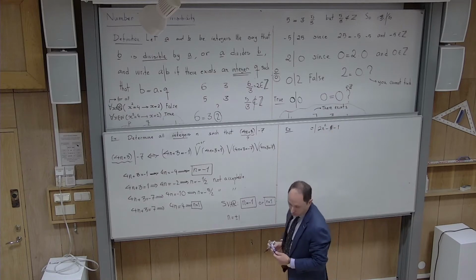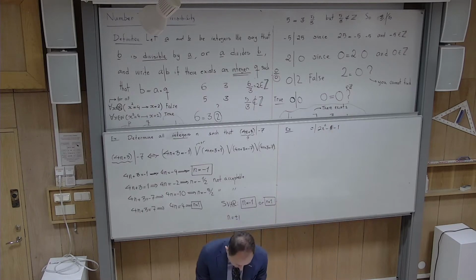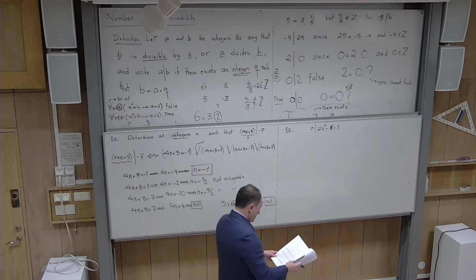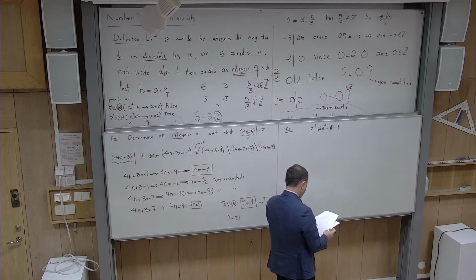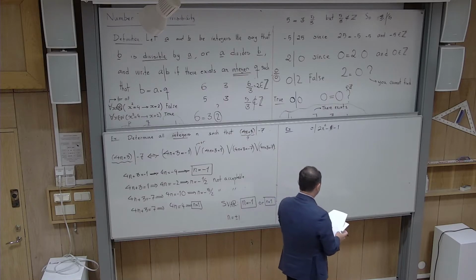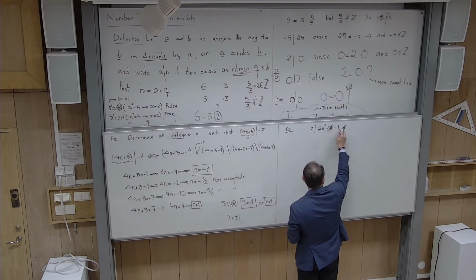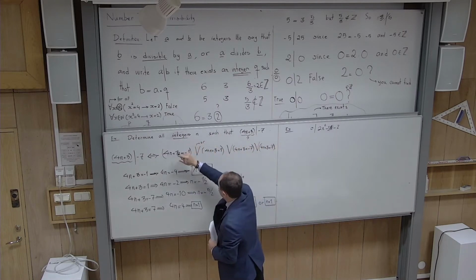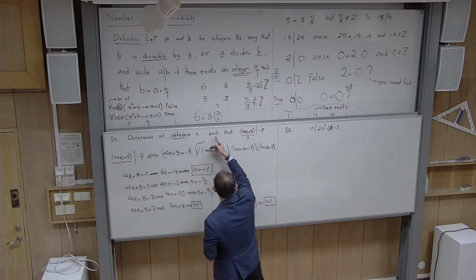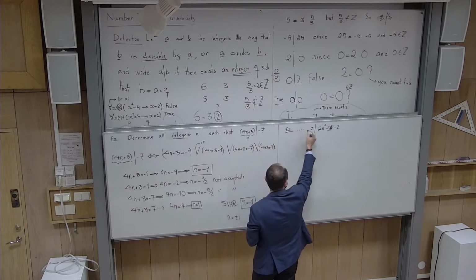So let me try to write it more properly, because it might happen that you don't have good answers. So let me write it like this. The first part I ignored. Determine all integers n such that this happens.